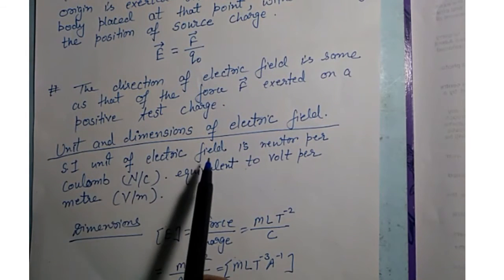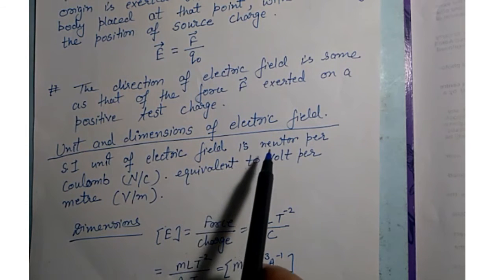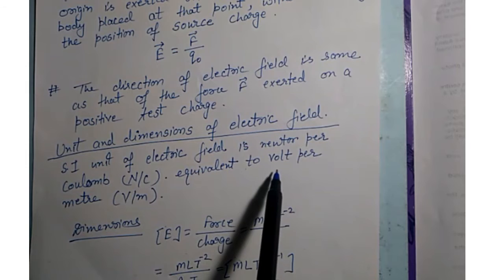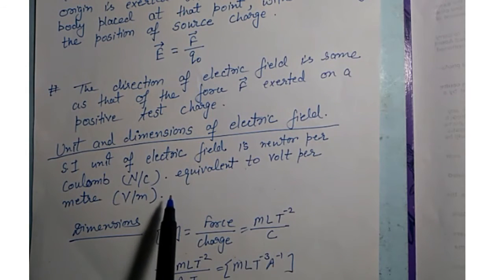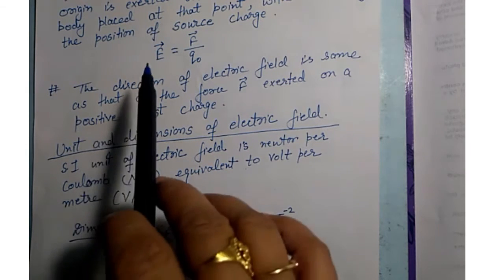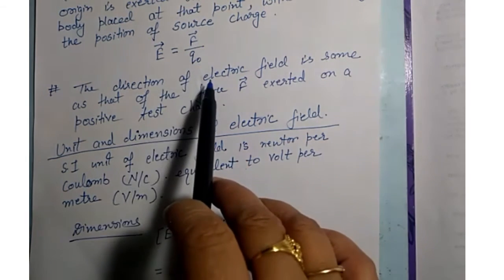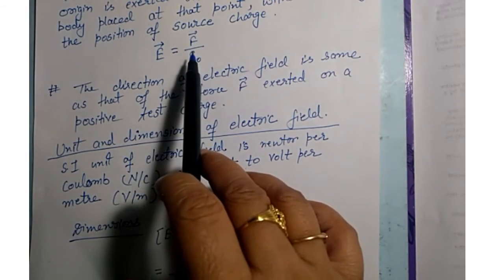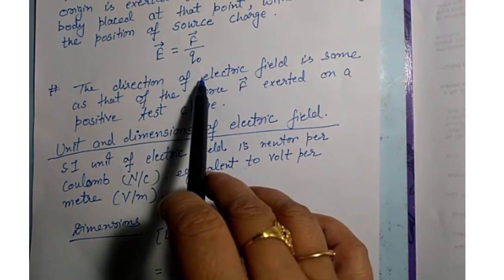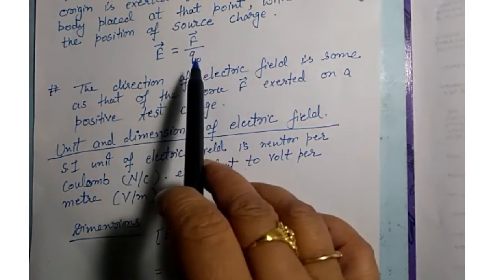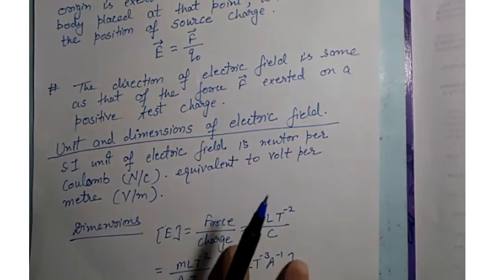The SI unit of electric field is Newton per Coulomb, which is equivalent to volt per meter. Why is it Newton per Coulomb? Because electric field is equal to force upon charge. Unit of force is Newton and unit of charge is Coulomb. Hence, the unit of electric field is Newton per Coulomb.